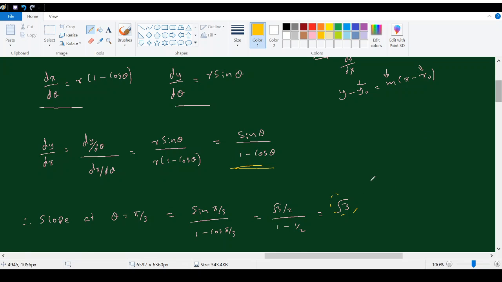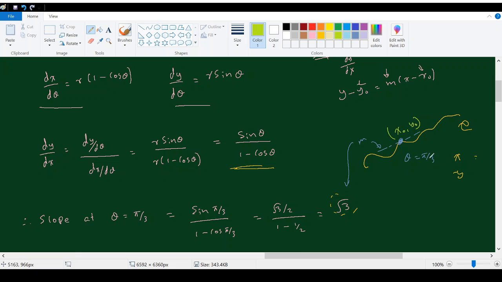So we have the curve represented by the given parametric representation, and we have a point that corresponds to theta equals pi by 3, and we know that we can have a tangent like this. And now we know the slope of this tangent. So now we are left with finding the point that this passes through, right?